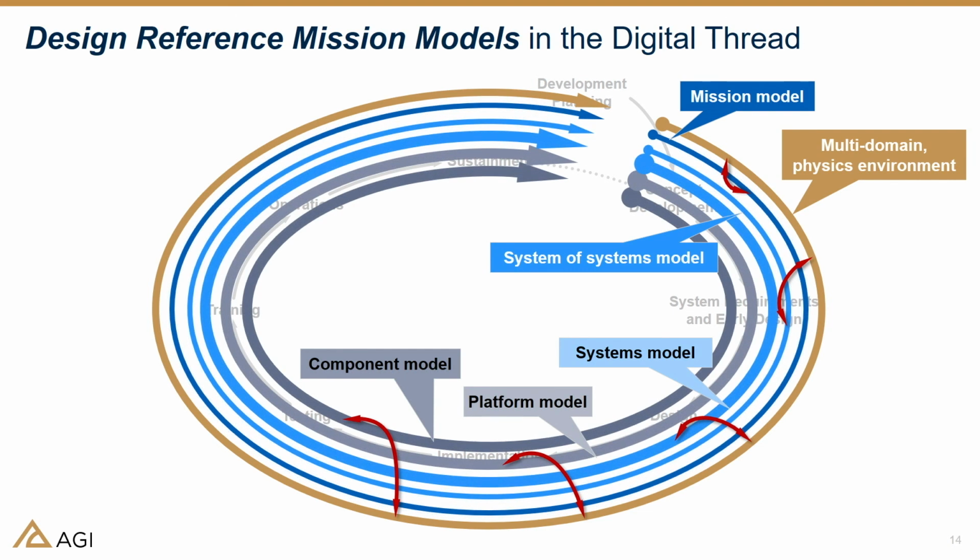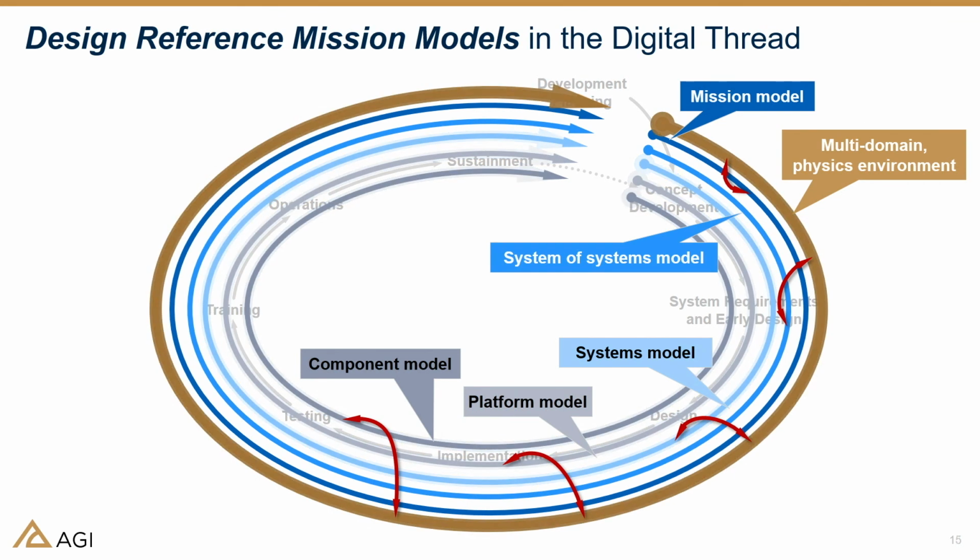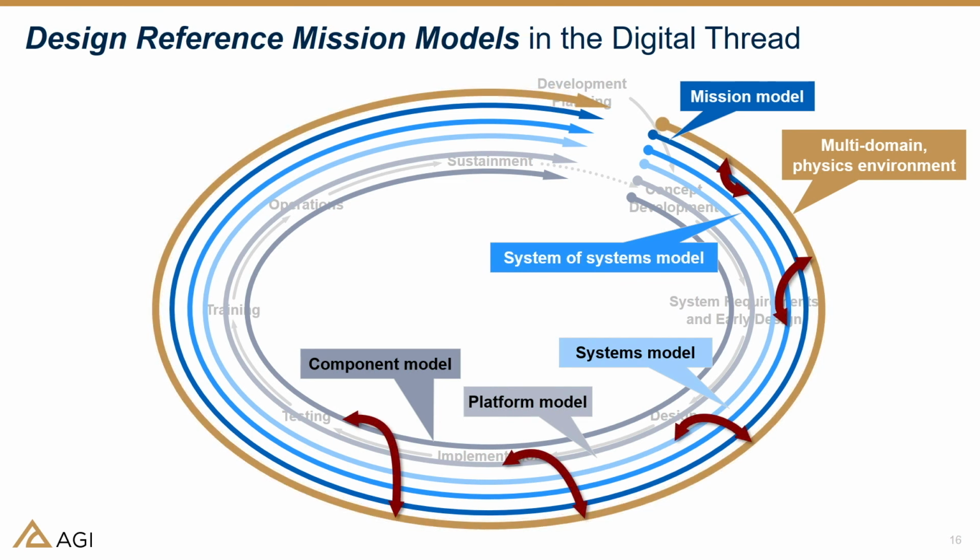Additionally, we'll be using a variety of multi-physics tools from ANSYS for some of the more detailed design. And then we'll use AGI's Systems Toolkit to bring that multi-domain physics environment into the picture, and then using Phoenix Integration's Model Center to enable those connections, and that can be applied throughout the entire life cycle.